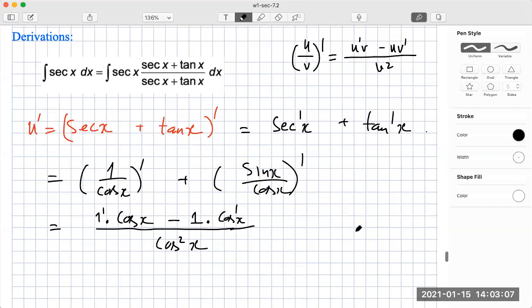The second term, compute the derivative of this guy. Oh, okay, sorry. Then the second term is the same thing. Let us square the denominator first, okay? And then the numerator will be the first guy's derivative times cosine plus sine x cosine prime, right?